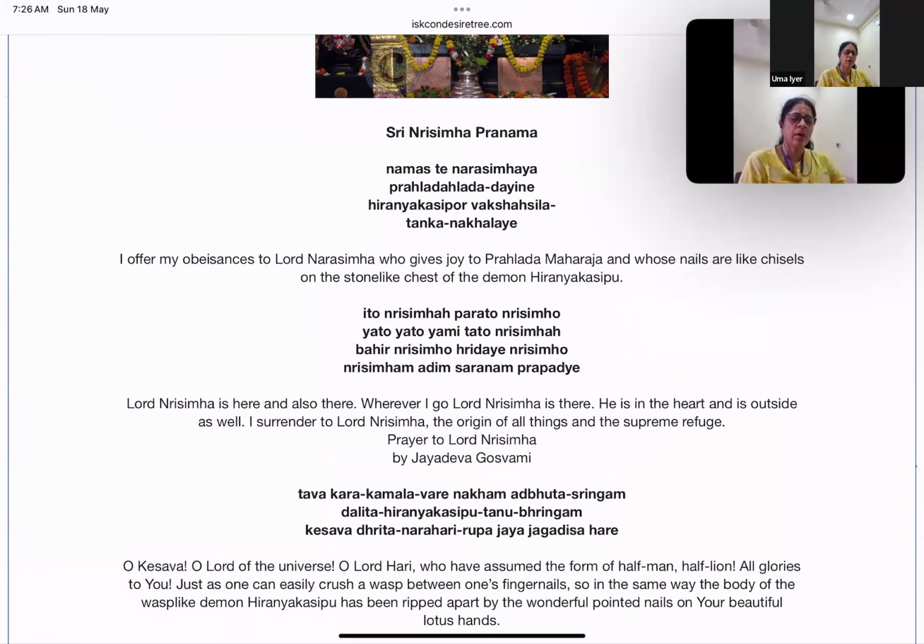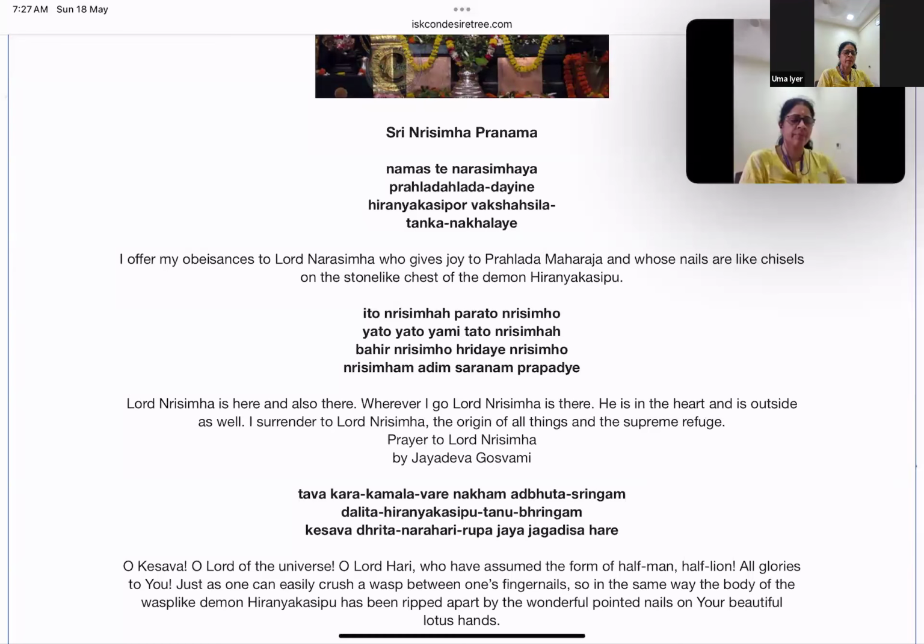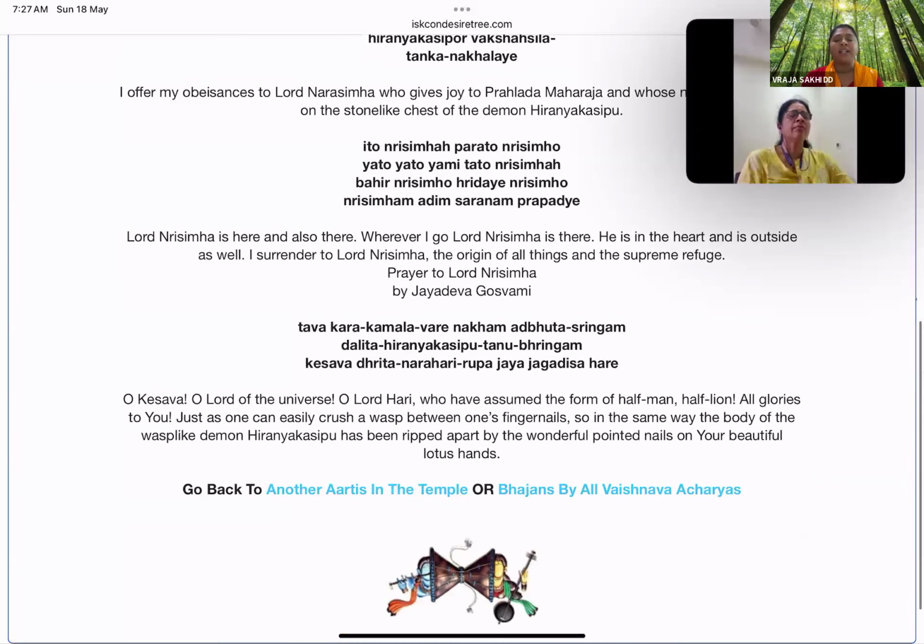Namaste Narasimhaya Prahladaya Hiranyakashipu-vakshah-shila-tanka-nakhalaye. Ito Narasimhah, parato Narasimhah, yato yato yami tato Narasimhah. Bahir Narasimho hridaye Narasimho Narasimham adim sharanam prapadye. Jaya Jagadish Hari.